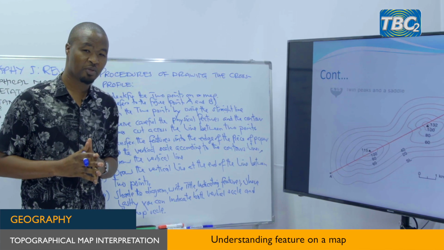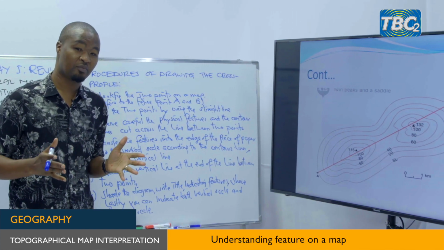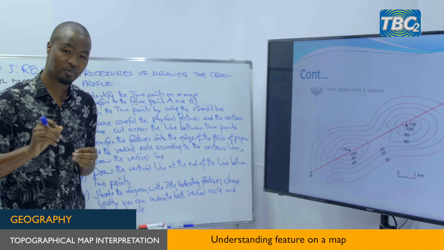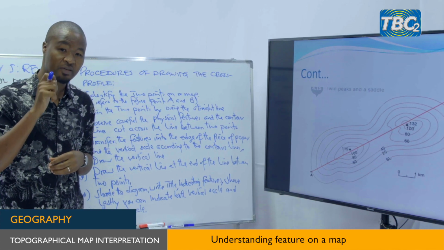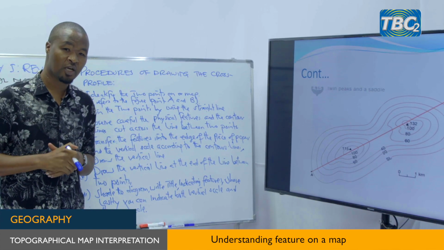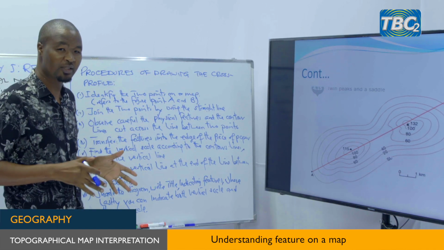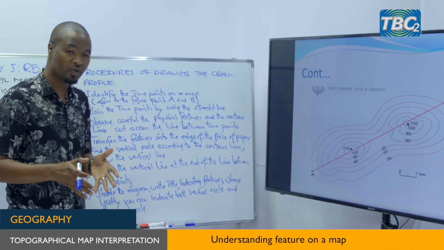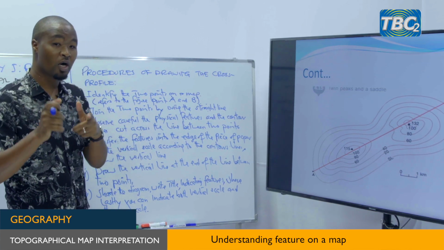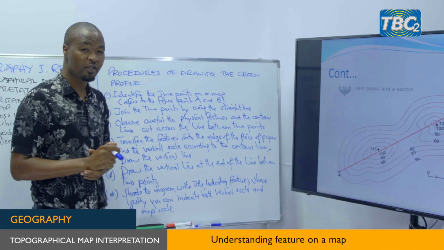So remember, the 2 points may be given by a place name, maybe this is point A and this is point B, or the 2 points may be given by using the grid reference point. So as a Form 6 student, I know you know how to use either the place name to identify the position of those areas, or the grid reference point to identify the 2 points.